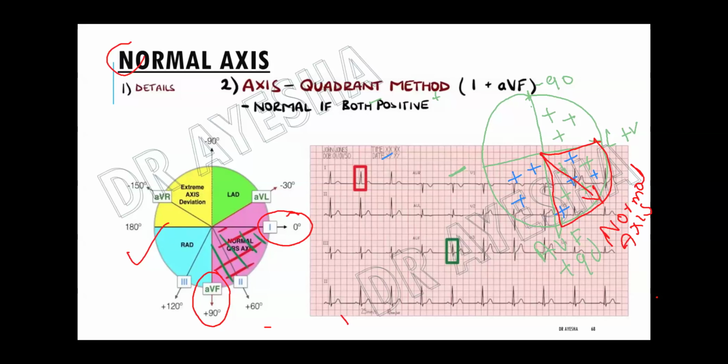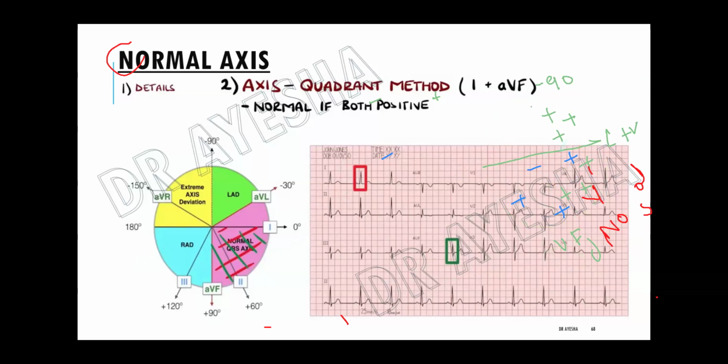Yes. Please speak up. Is that clear? Yes. Okay, so this is the normal axis. By seeing the 2 leads, you see the intersection and then decide where the current is. So this is the normal axis, current in the left side. Okay.